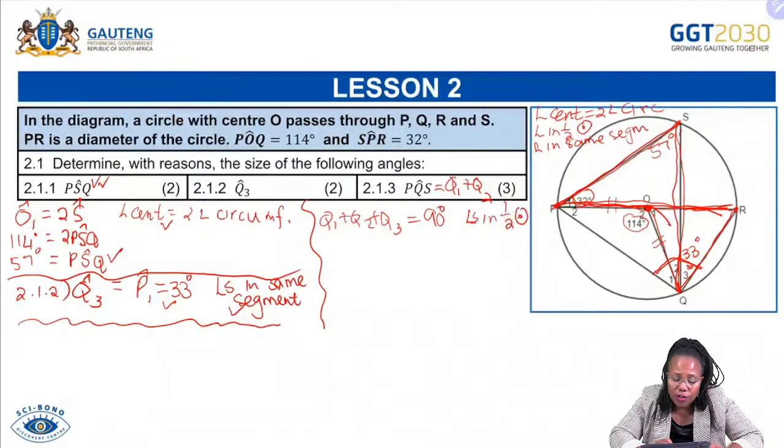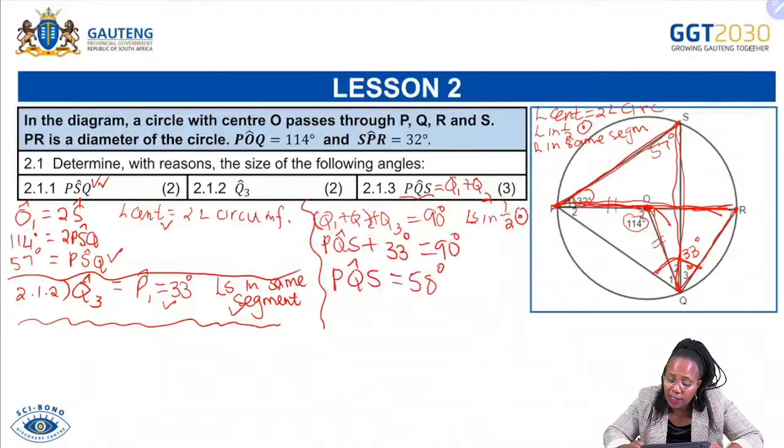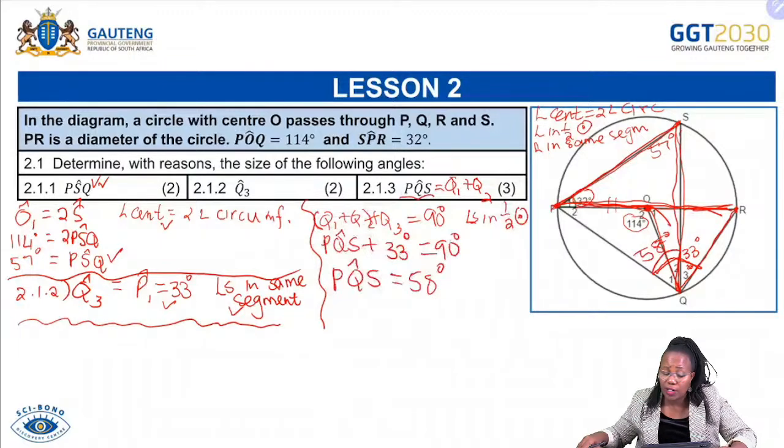And then we are looking for Q1 plus Q2, which is PQS, plus Q3, which we have calculated as 33 degrees, equal to 90 degrees. Therefore, the value of PQS will be 58 degrees. That means this angle here will be 58 degrees out of the 90 degrees that we were having initially there.